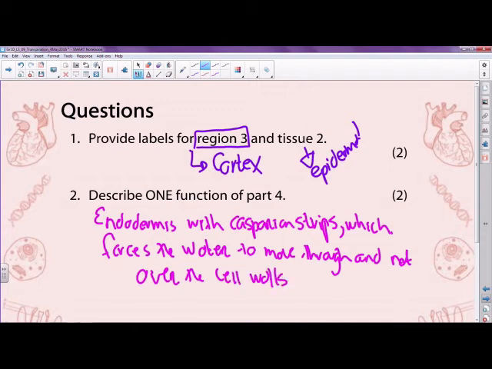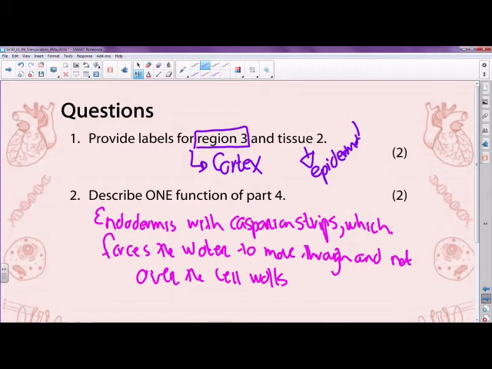So guys, for that question, you needed to know the Casparian strips. Now you see, if you don't know your anatomy of the root, then you don't know how to answer the questions on how water moves through. So you can't afford to leave out any of the sections. Even though you don't enjoy plants, so I tell my class, get over it. You need to get over it.